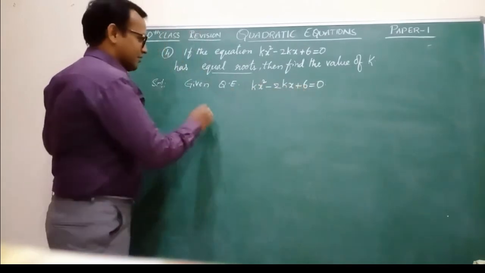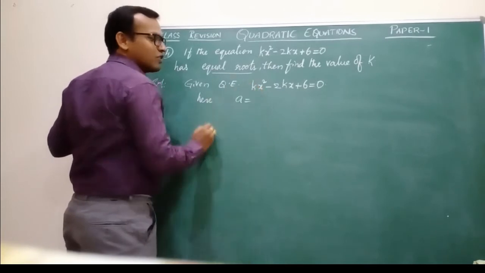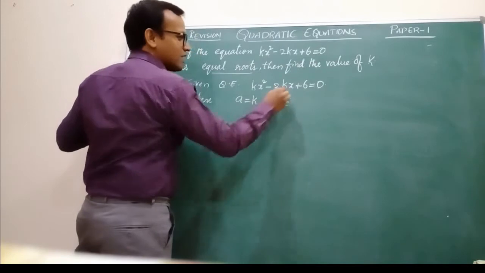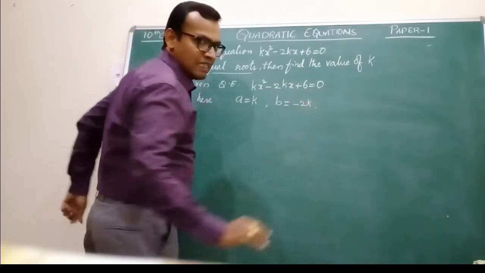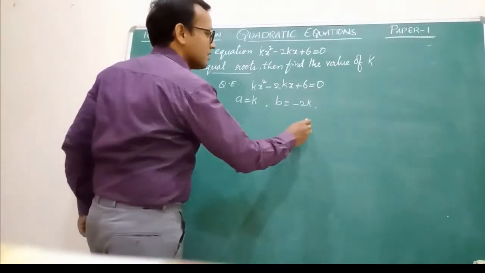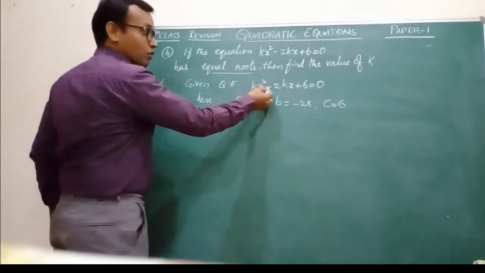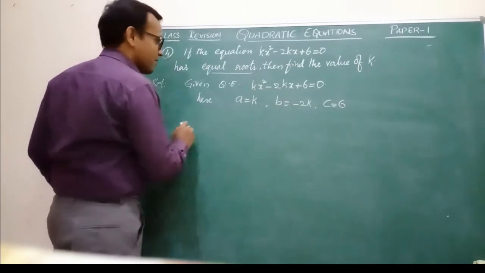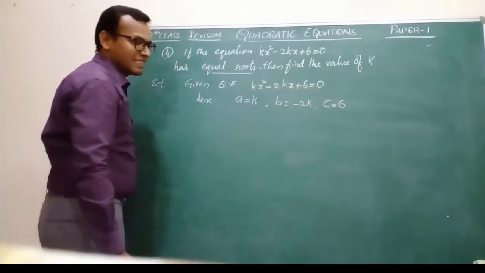Here a is equal to, what is the coefficient of x square? k. b is equal to, in place before x, minus 2k. c is equal to 6. I have to be very careful. We have to even take the symbol minus, right? a value k, b value minus 2k, c value is 6.